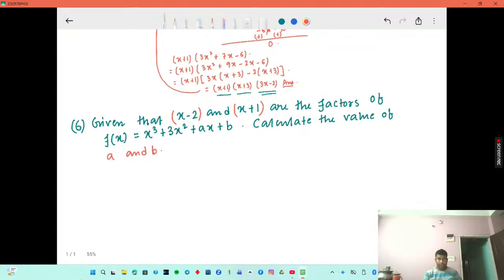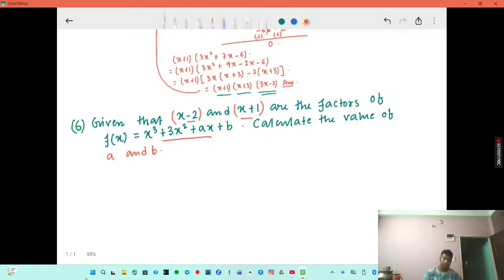So here in this question it is given that x minus 2 and x plus 1 are the factors of this given equation. So from here we can conclude that the remainder of the equation will be 0 when we put x is equal to 2 and x is equal to minus 1.